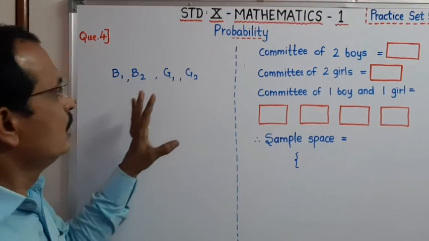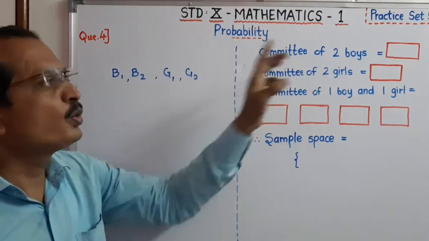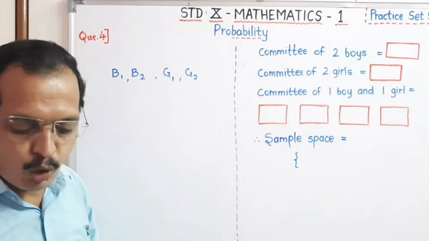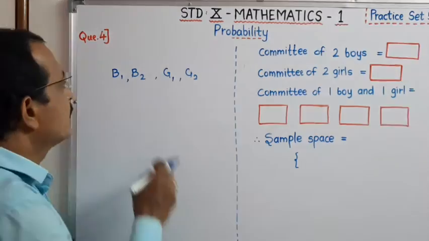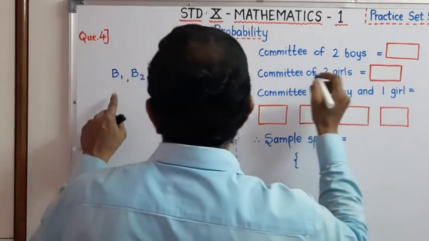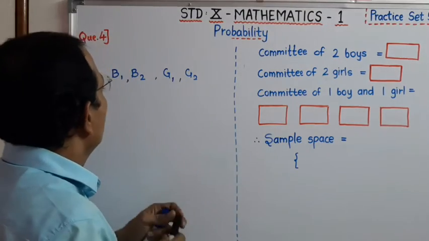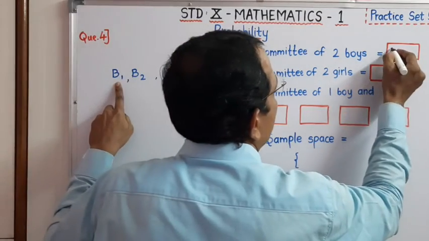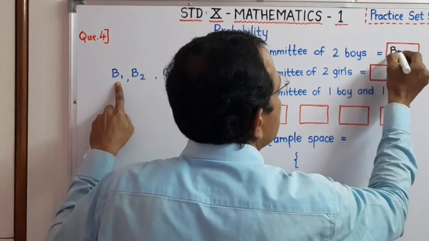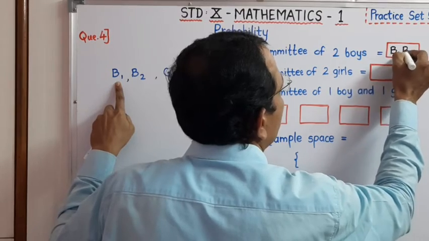First of all, committee of 2 boys. We can write here committee of 2 boys, that is B1 and B2.